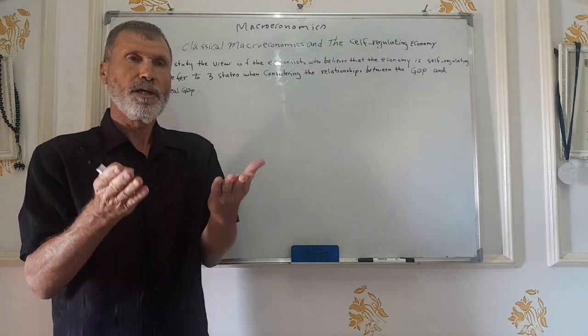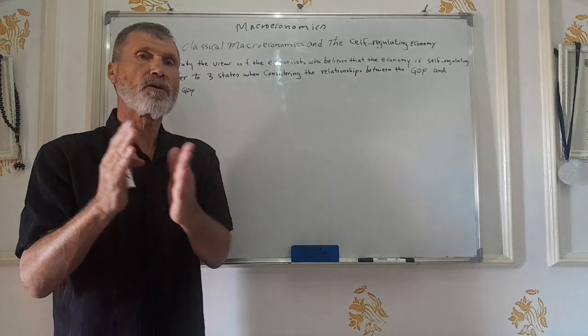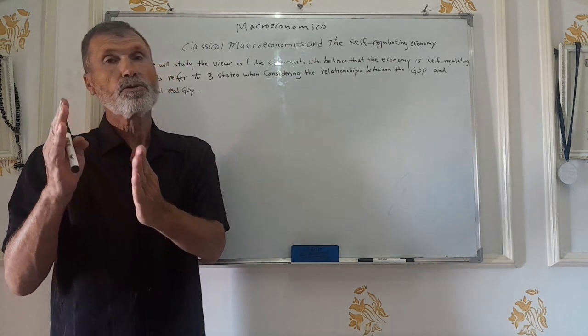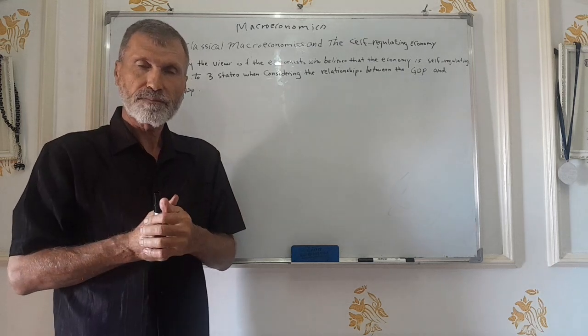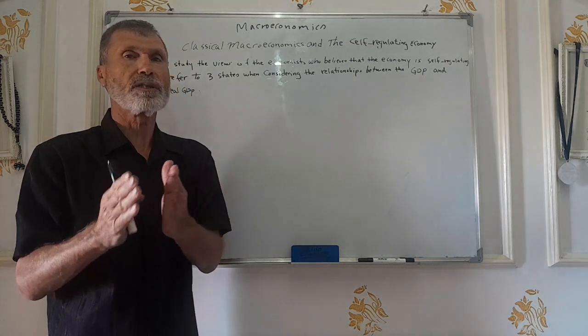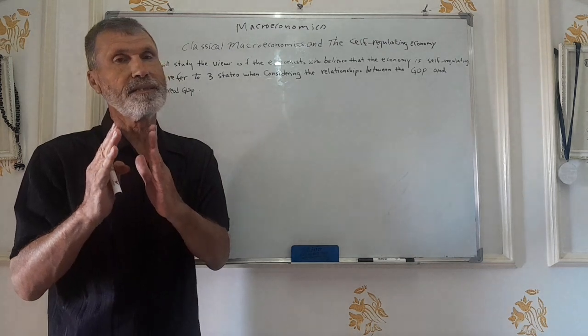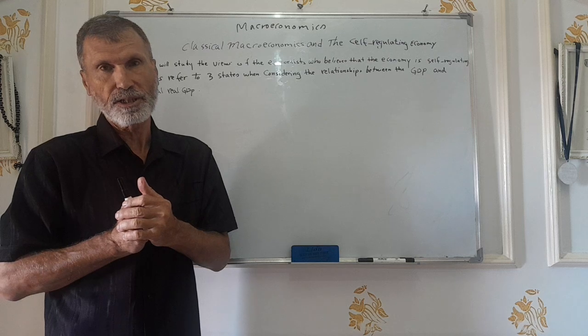In the long run, the quantity demanded of real GDP is equal to the quantity supplied of real GDP and is equal to the natural real GDP. However, in the short run, the quantity demanded of real GDP is equal to the quantity supplied, but this does not equal the natural real GDP.